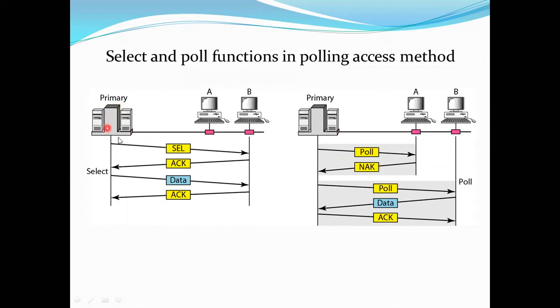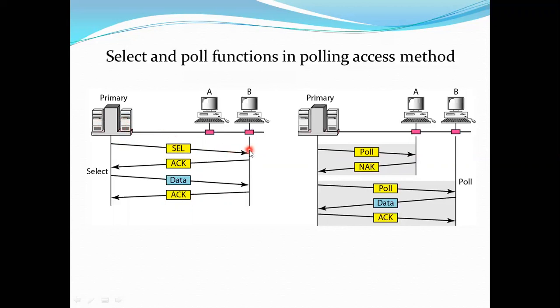That means it generates a frame called select, and part of the select contains the address of the secondary device also.